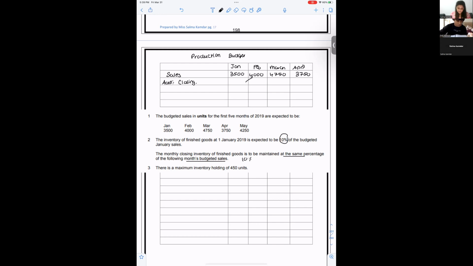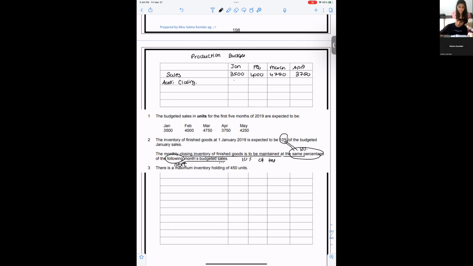No, they said 10% for January. Closing inventory is to be maintained at the same percentage of the following month. Next month budgeted sales is how much? 4,000.